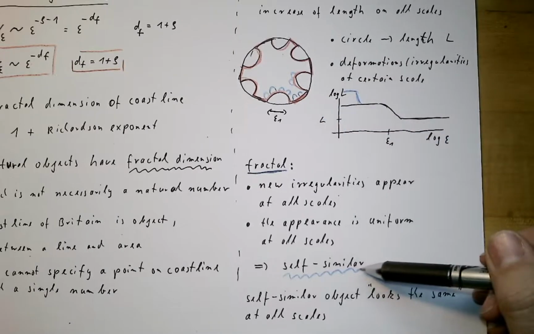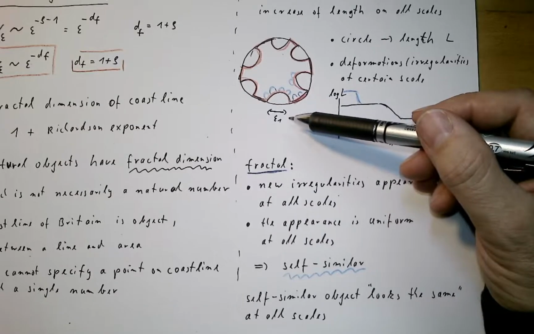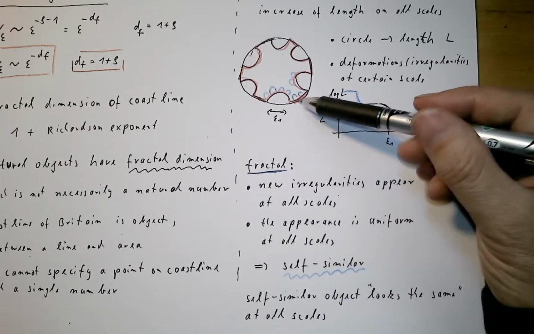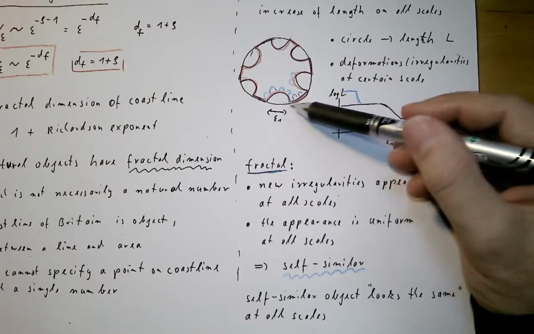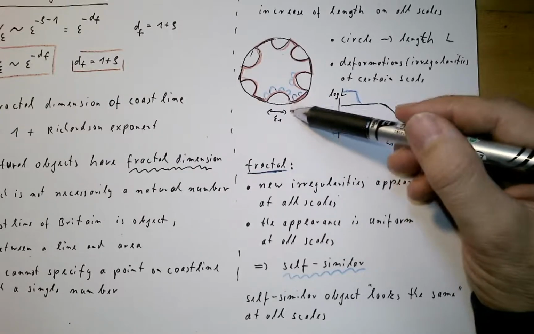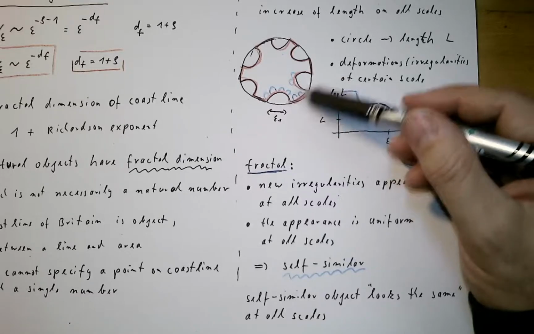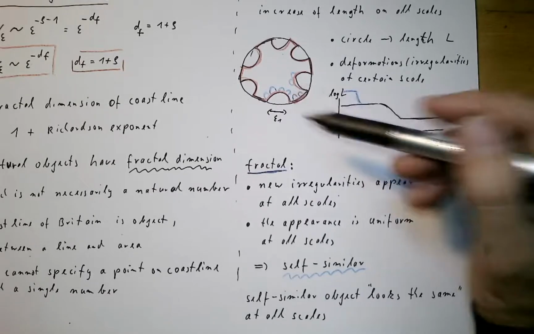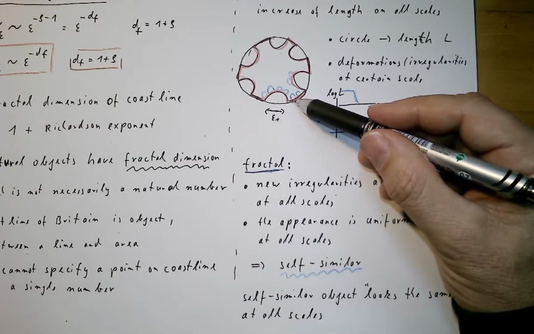But if you have a self-similar object and the irregularities are the same at all scales, then by looking at a picture, you cannot detect whether you're looking at maybe 100 kilometers or tens of kilometers of the Grand Canyon, or this furrow in the field at the order of centimeters.